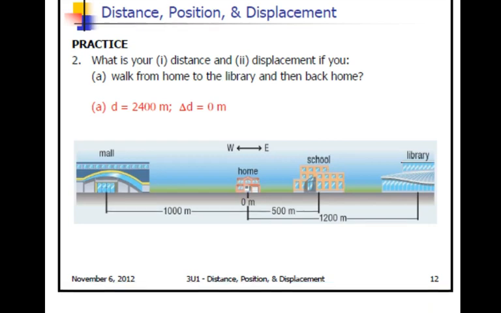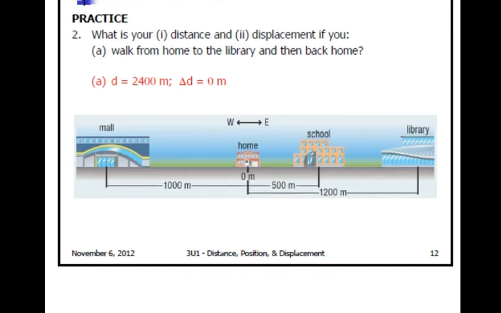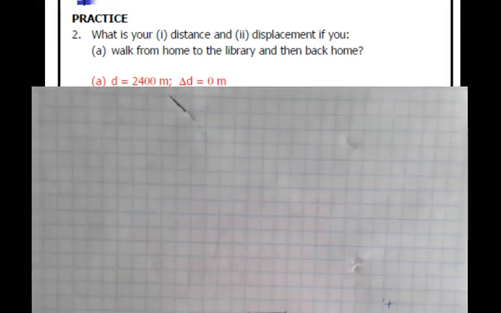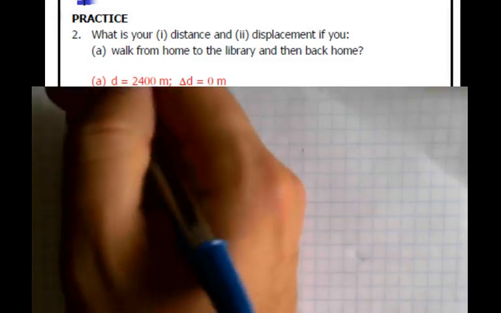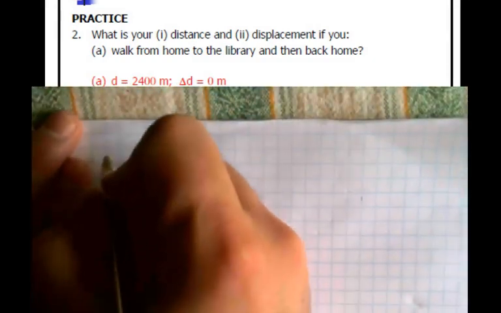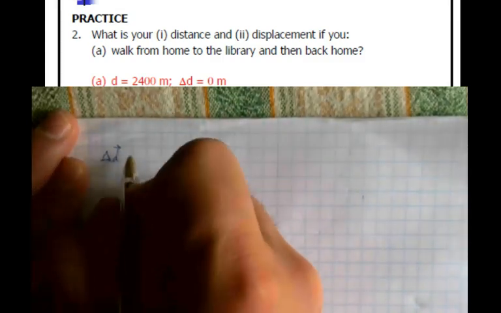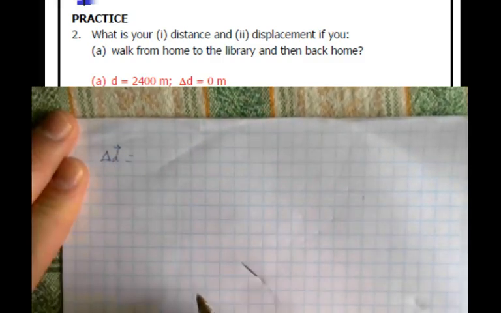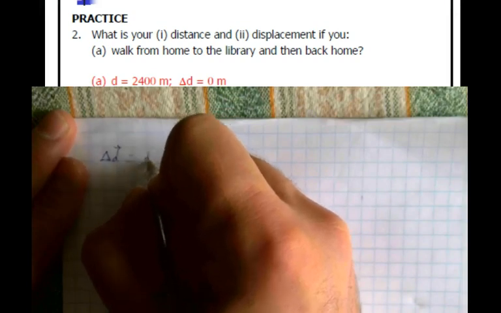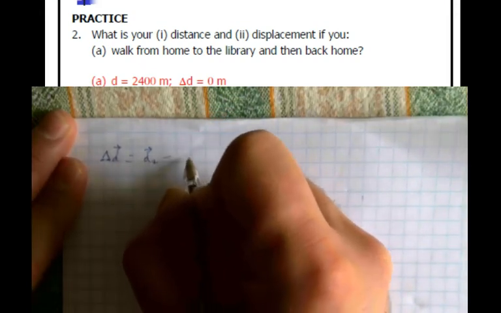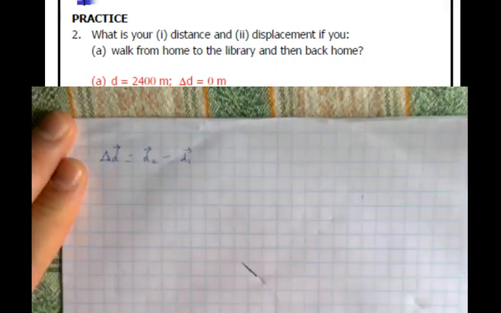Let me show you that on the paper here, so that you can understand it a little bit more. We have our displacement, delta D with the arrow on top, is the position vector 2 minus the position vector 1.